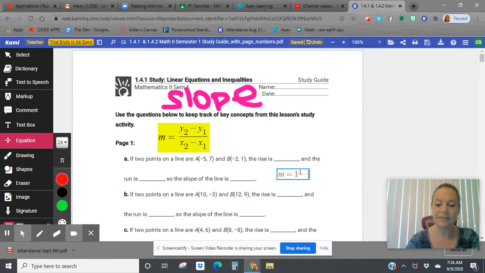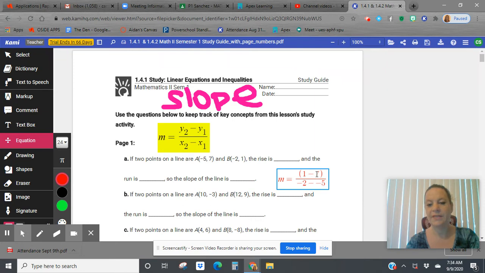1 minus 7 over the change in x, negative 2 minus negative 5.